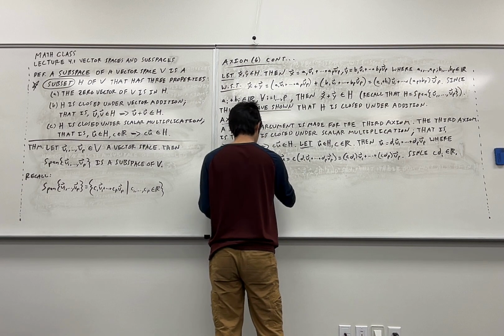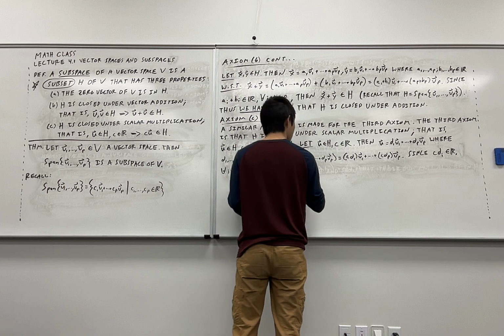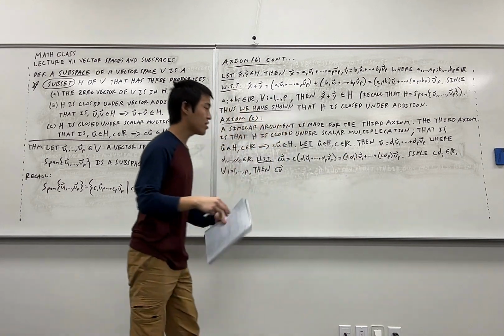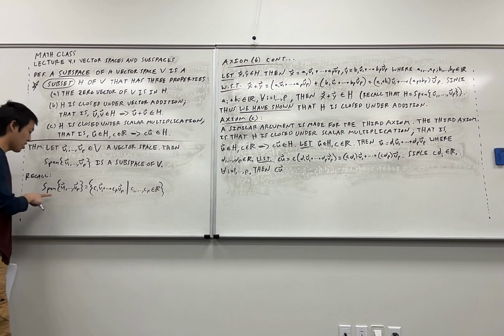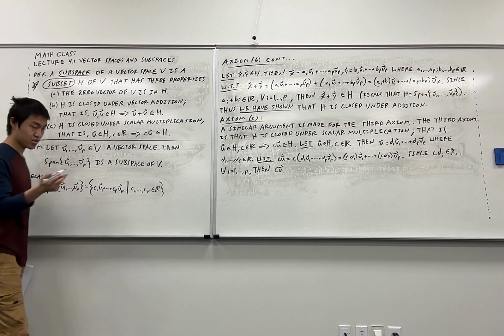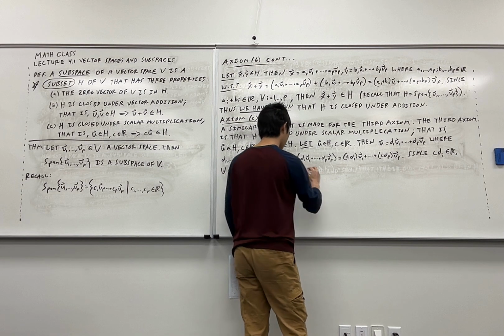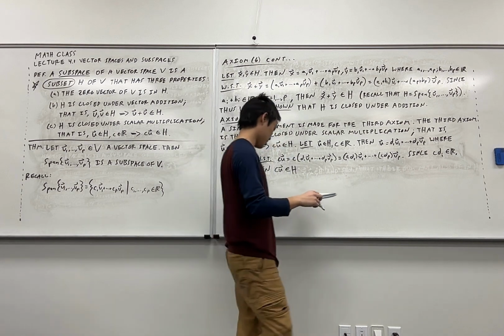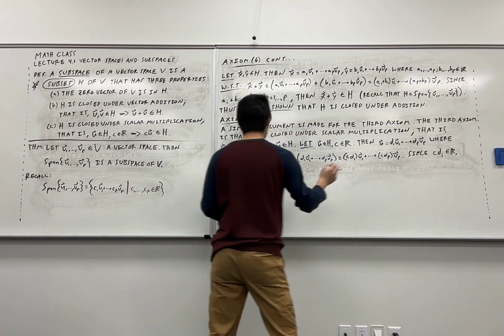Then c times u is itself just another linear combination of the vectors v1 through vp. A linear combination means it's just in the span. Okay, so it is in the span H, which we've been calling it. Okay, so then great, we've shown the third axiom.